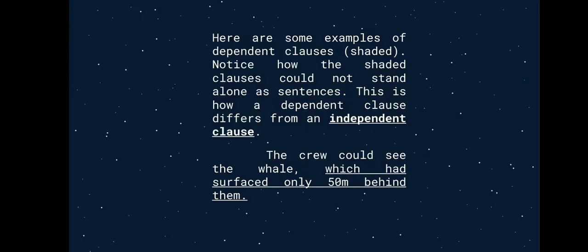Here are some examples of dependent clauses, which are shaded. Notice how the shaded clauses could not stand alone as a sentence. This is how a dependent clause differs from an independent clause. The crew could see the whale, which had surfaced only 50 meters behind them.